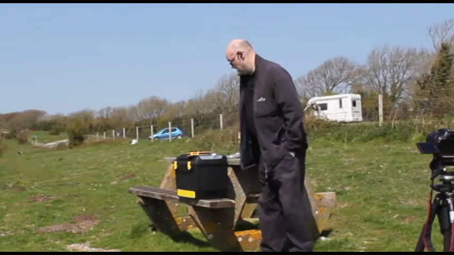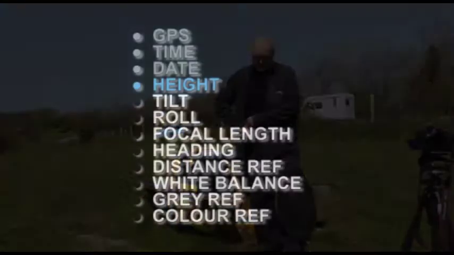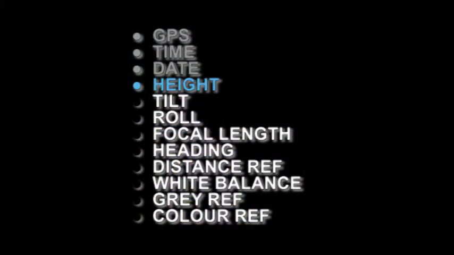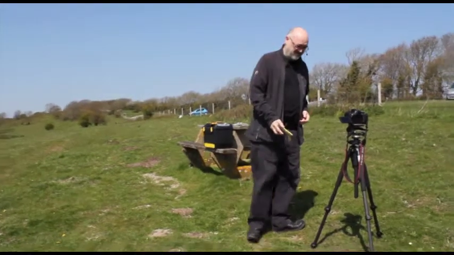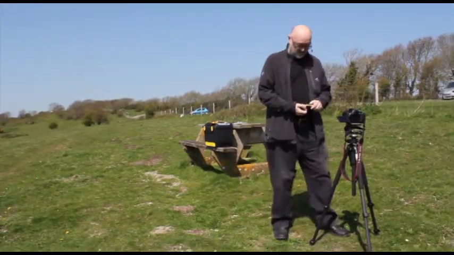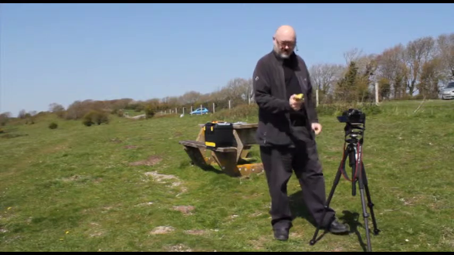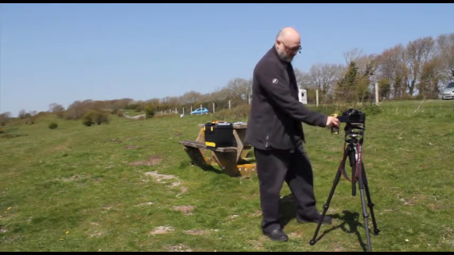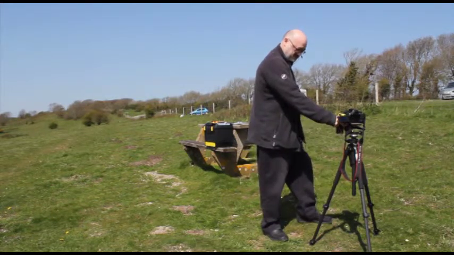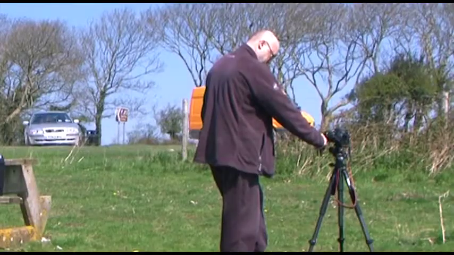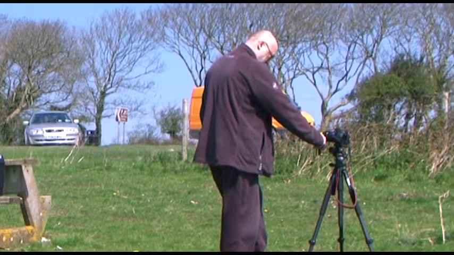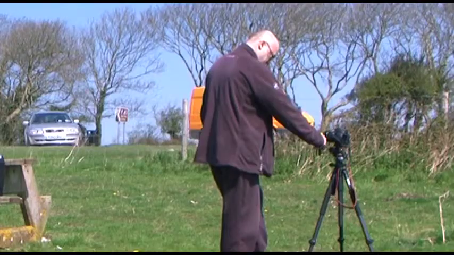So let's get the old disto out, and I'm going to turn it on, and basically what I'm going to do now is hold this to get the camera height at the approximate center of the lens. So the center of the lens is about here. And basically point the disto at the ground.